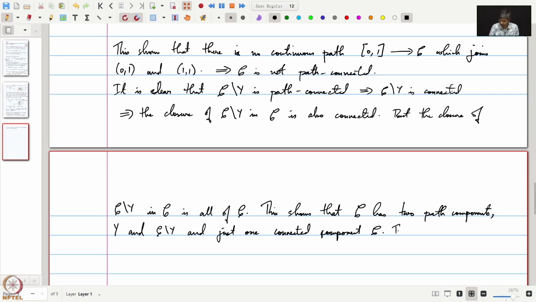And this also shows that since C minus Y is not closed in C, path components need not be closed.